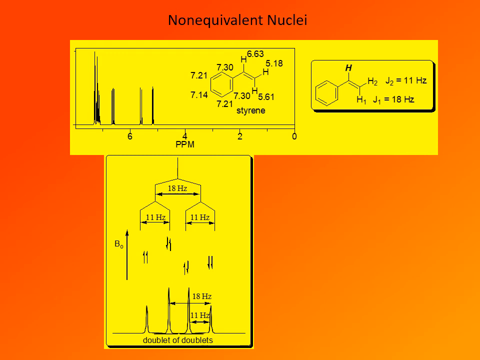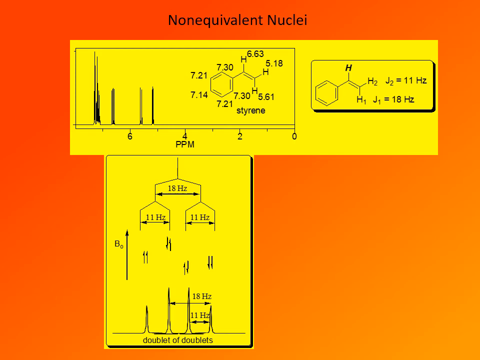The proton at 5.61 splits the signal of the 6.63 proton with a coupling constant of 18 Hz. And of course, since this is only one proton, it will split the signal into a doublet. The separation between the 2 lines of the doublet will be 18 Hz. And so now we draw that splitting tree. We draw it as a doublet.